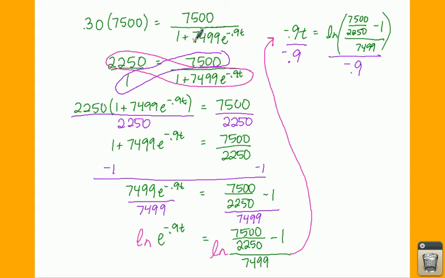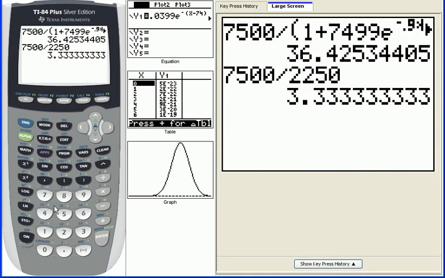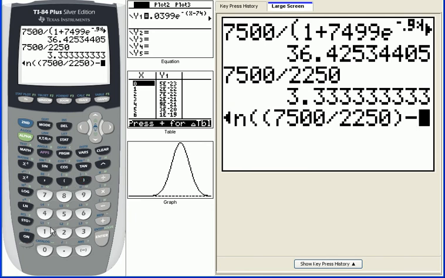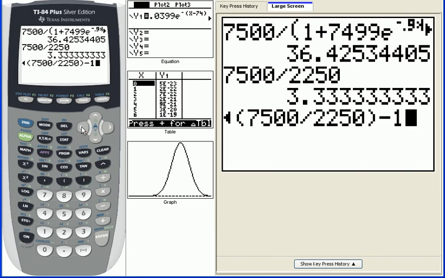So let's figure out what t is. I'm so pumped. So we're going to say, the natural log of, we're going to take 7,500 divided by 2,250, in parentheses, and we're going to subtract 1 from that. Now we're going to need another parenthesis because we have to evaluate this top, so I'm going to add a parenthesis in front of my 7,500.